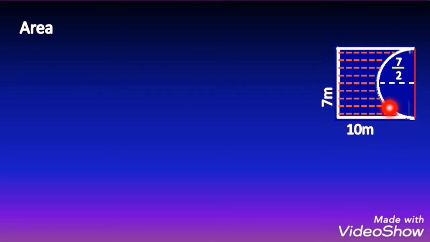Then we have to find the area of this semicircle. Next, we have to subtract the area of the semicircle from the area of this rectangle to get the area of this shaded portion.